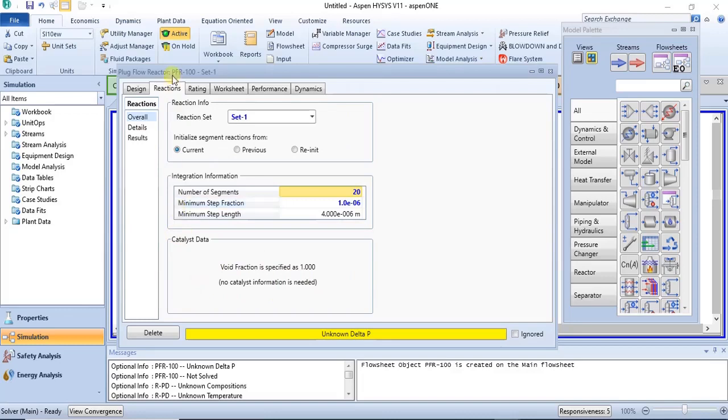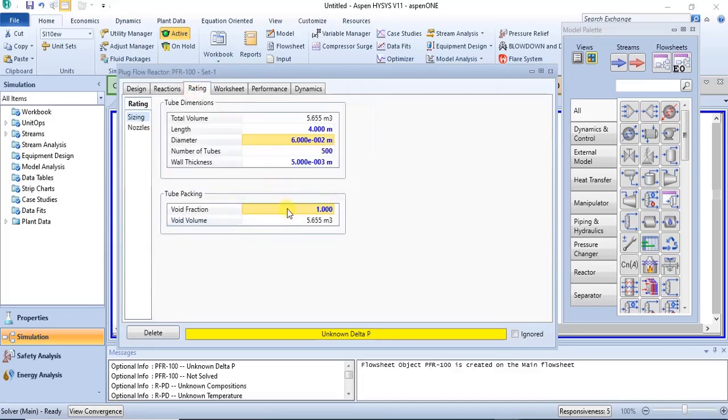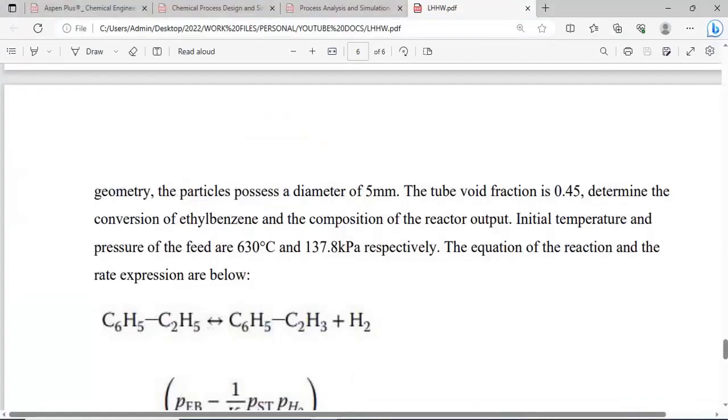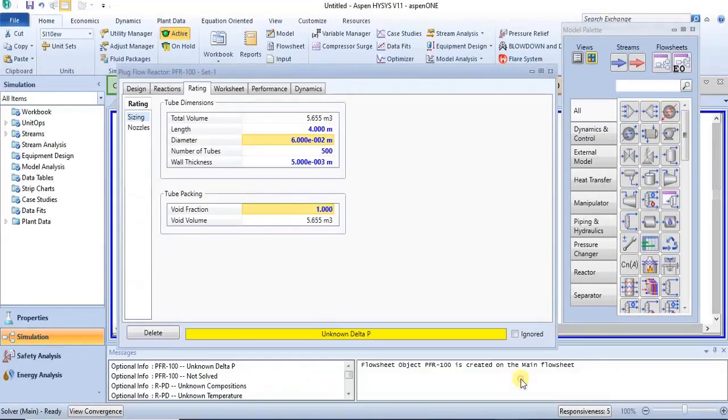But the only way to activate it is to specify a void fraction or a bed voidage. The bed voidage specification is based on reactor volume, as regards Aspen Hysys. It says the tube void fraction is 0.45. By the time you specify that, it activates the catalyst section.